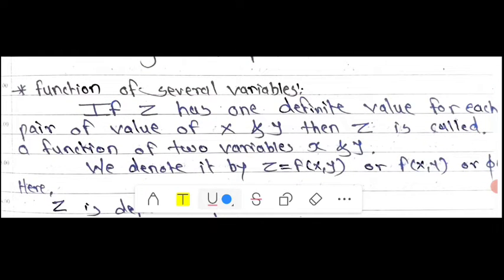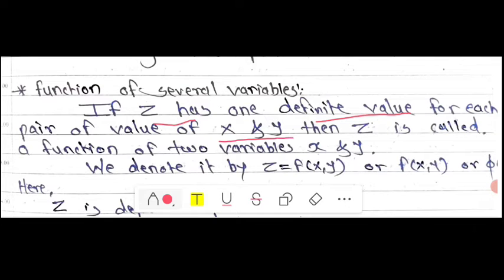If z has one definite value for each pair of values of x and y, then z is called a function of two variables x and y.